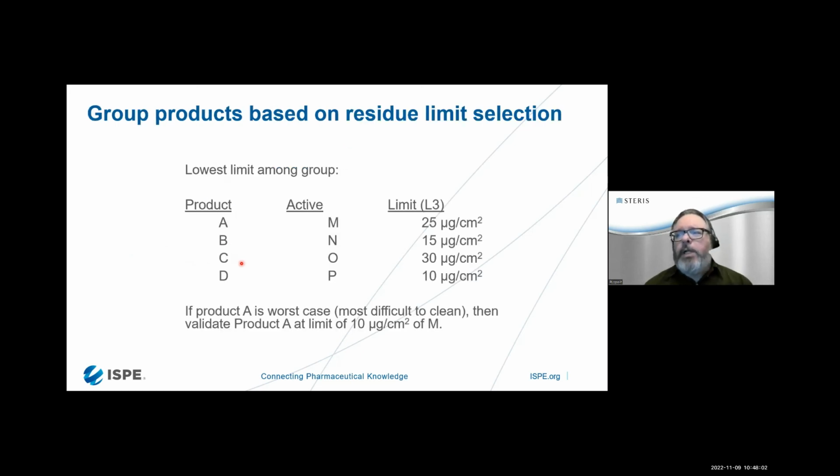And this is just to correlate with what Richard had in terms of some grouping. In this case, we have 4 products, 4 different actives, 4 different limits that we utilized. If they're all cleaned the same way, then you can use product D, active P to the lowest limit of 10 micrograms. If product A is the hardest to clean, then you want to use that cleaning procedure and then set it to the lowest limit of 10 micrograms.